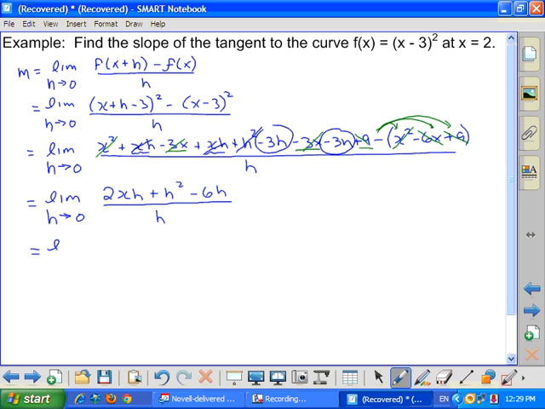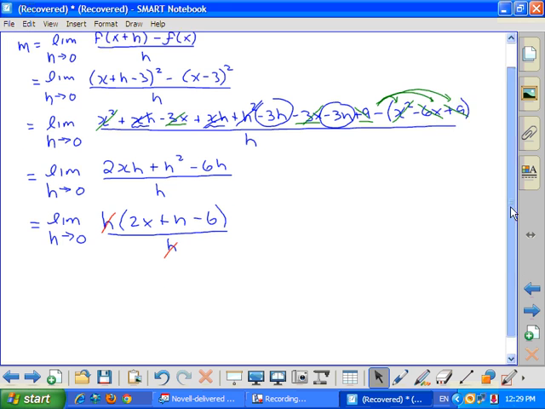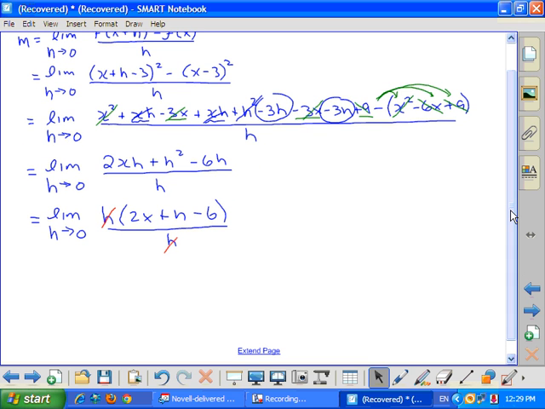On top, every term has an h: h times 2x plus h minus 6, divided by h. And you know what? It's a self-check. This works every time. There is no time where this does not work. Every time h will factor out when you get to this step. If an h does not factor out, then you've done something wrong. You've got a little mistake. So anyway, because everything canceled out, I know I did it properly.